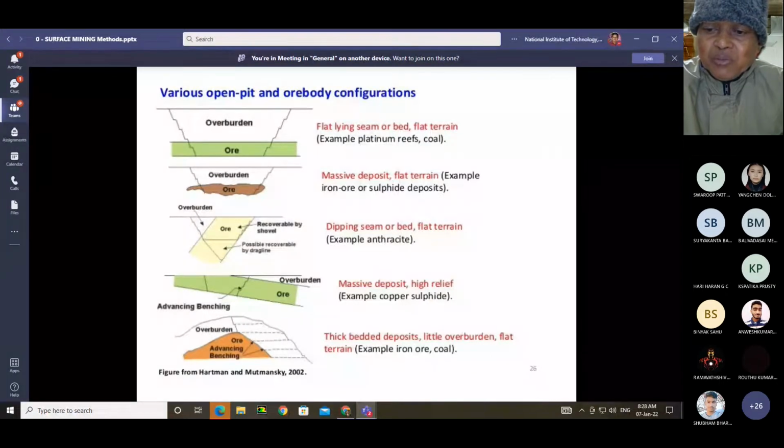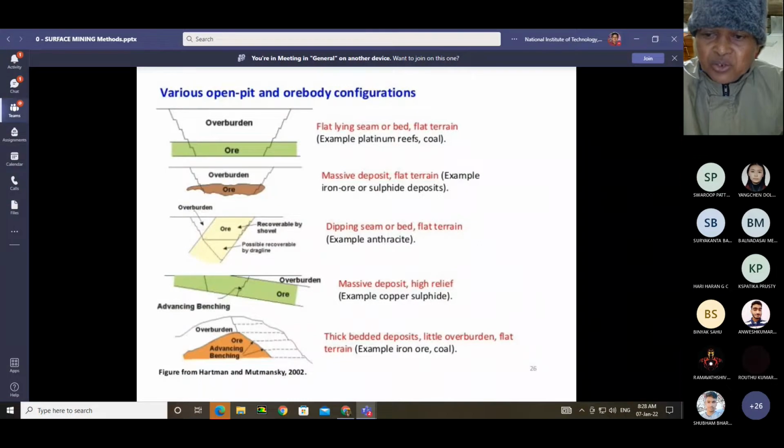If you are getting more profit, you can go deeper also. But if it is a low grade mineral, the selling price will not be sufficient to meet the cost of production, because the cost of production will be dictated by the amount of overburden you are going to remove.